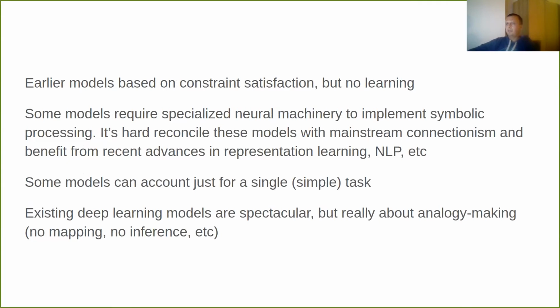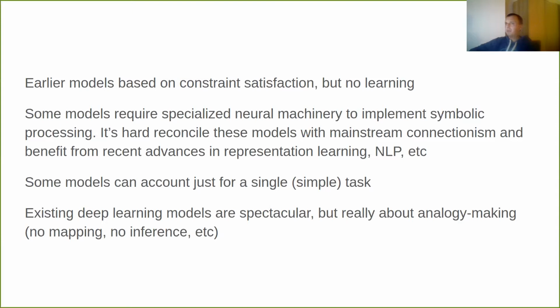So to sum up the state of connectionist modeling of analogy making, earlier models relied mainly on constraint satisfaction, and that was good because it was a good way to account for mapping, for example, such as the Ackermann model by Holyoak and the model by Boicho Kokinov.